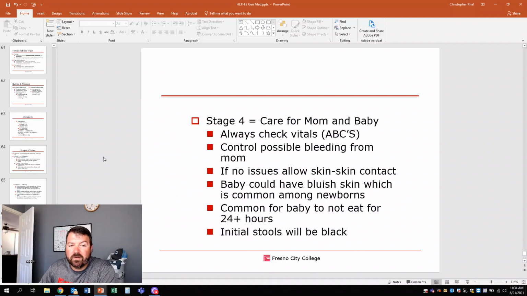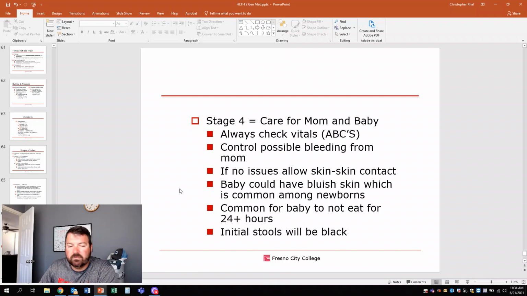And stage 4 is care for mom and baby. So check airway, breathing, circulation, and control any bleeding from mom, which after birth can continue on for the next few weeks. Skin-to-skin contact with baby and mother is very, very beneficial, or skin-to-skin contact with baby and father, whoever it is. Oftentimes, newborns will have bluish skin once they're born.